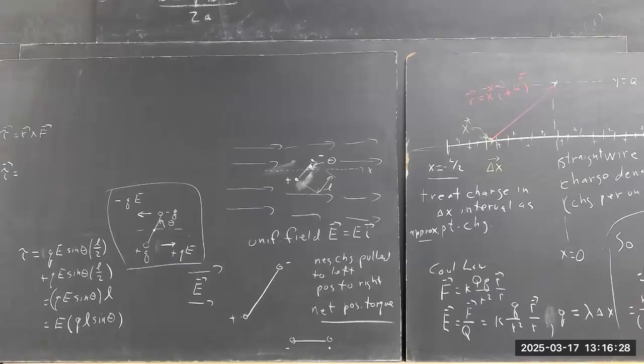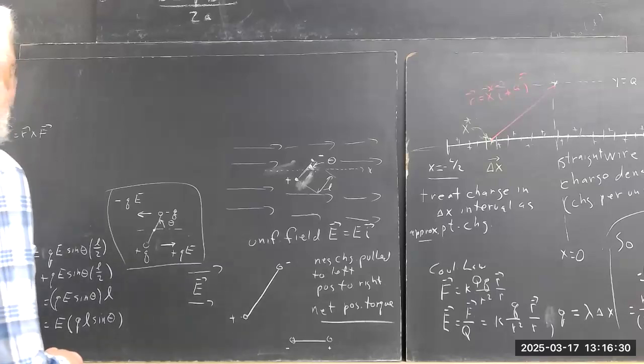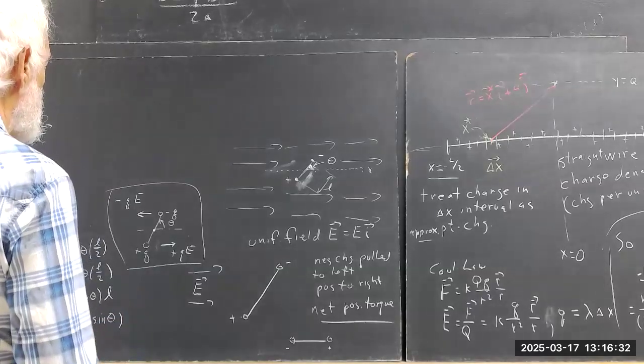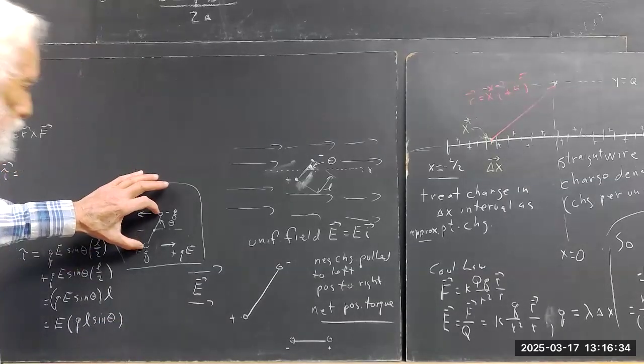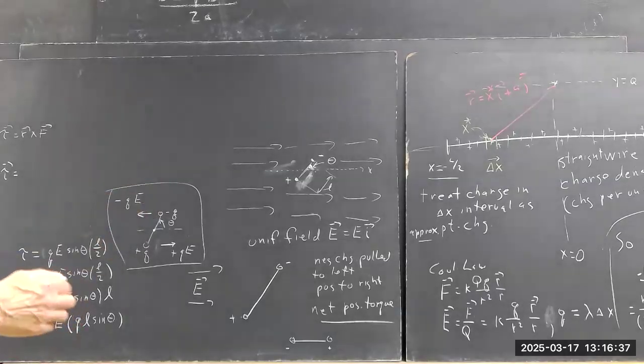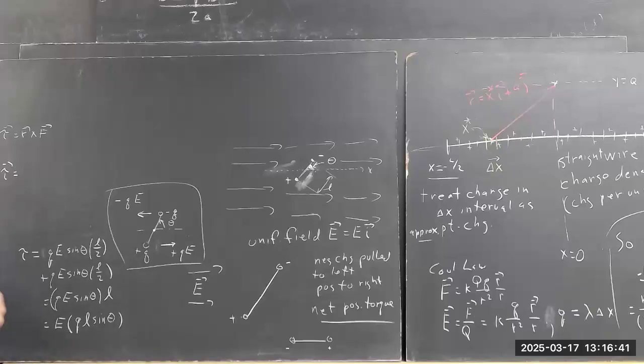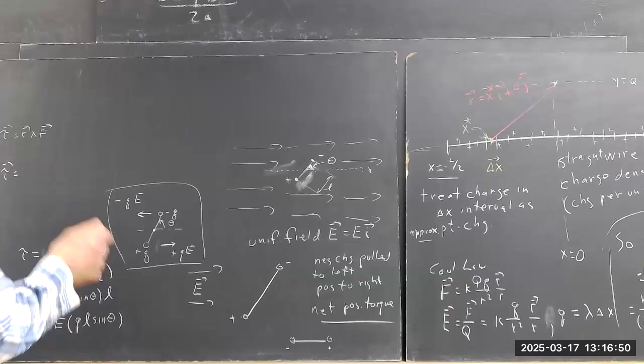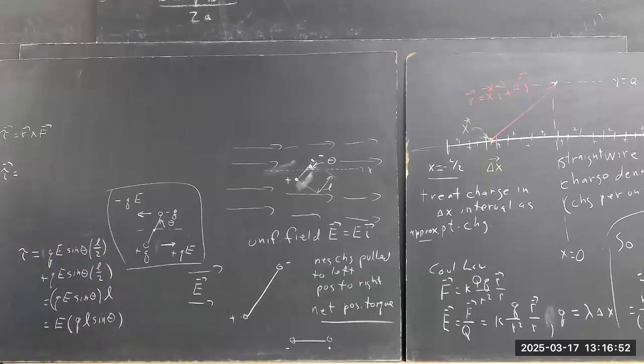So now if we have an R vector between these two, well, let's not use an R vector. I'm just going to write it down.